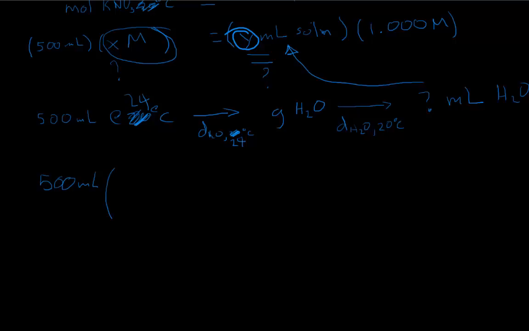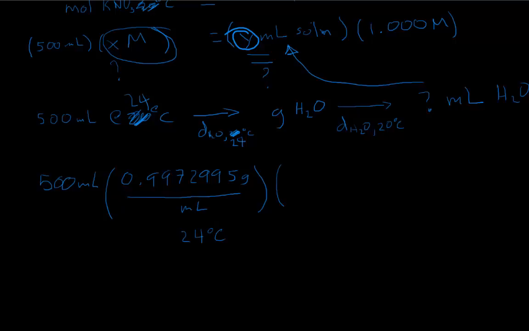So at 24 degrees Celsius, the density of water is 0.997299 grams per milliliter. And so this will tell me how many milliliters of water I have, assuming my solution is entirely water, at 24 degrees Celsius.